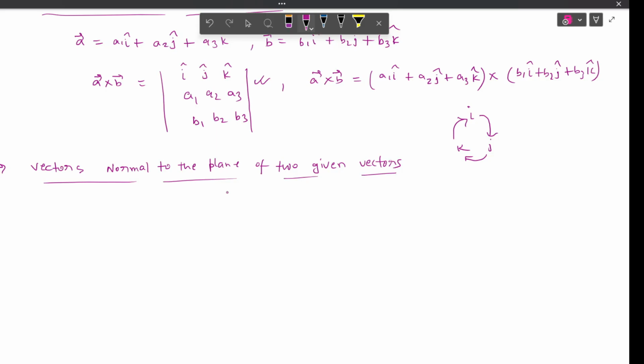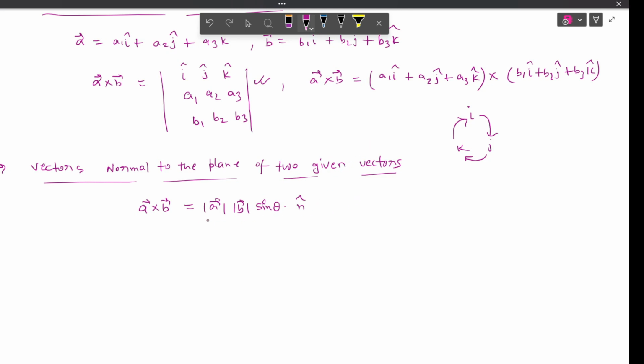So we already know that in the case of a cross b, the unit vector, the direction vector n cap is normal to the plane. So we can say a cross b is mod of a mod of b sine theta is a magnitude and a normal vector n cap.